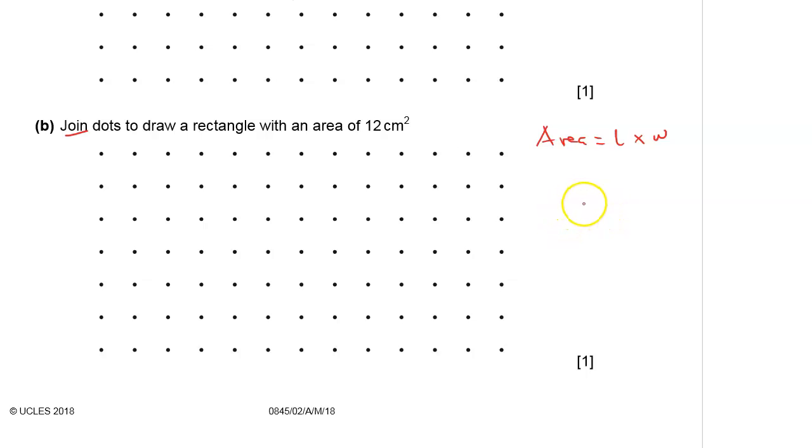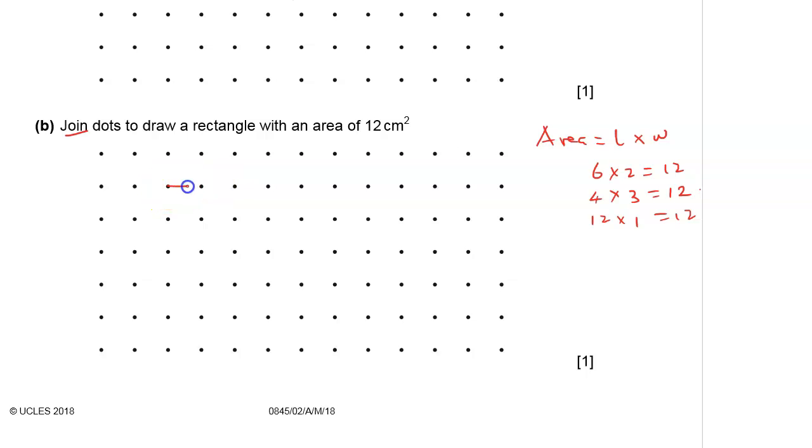Therefore, to get 12, we can either have a length of 6 times 2, which will give us 12, or a length of 4 times a width of 3, which will also give us 12. We can also have a length of 12 and a width of 1. It's up to you. I'll go for 4 and 3.